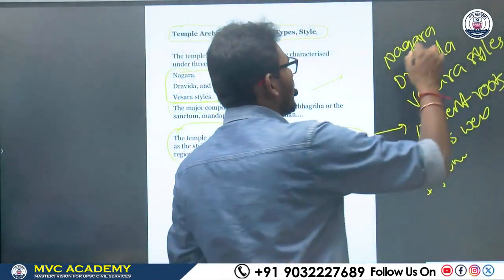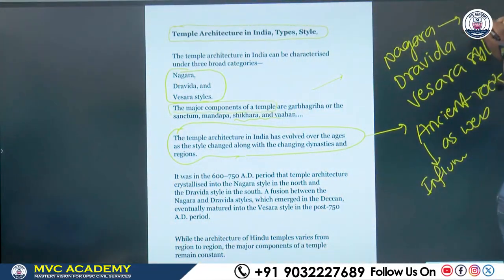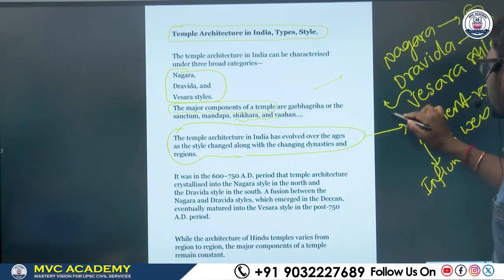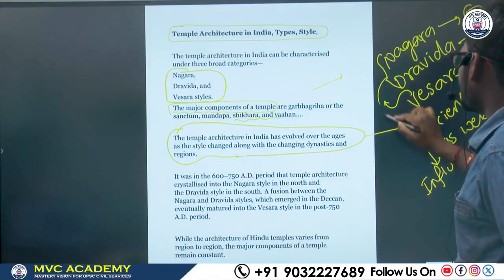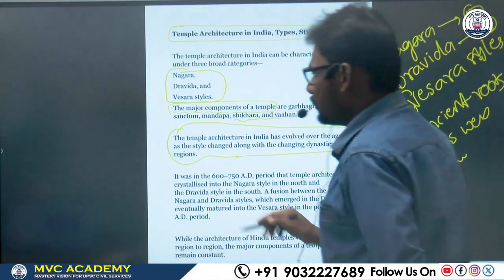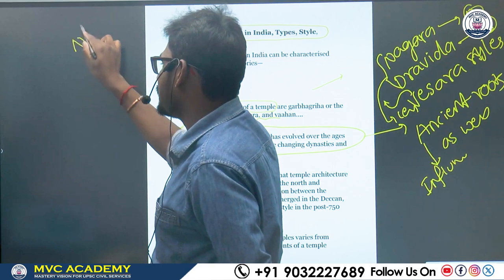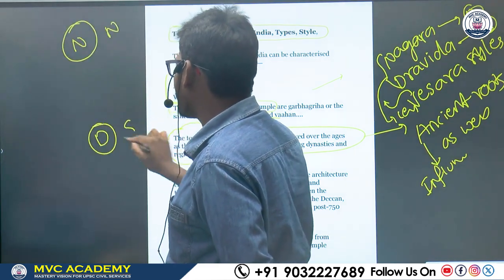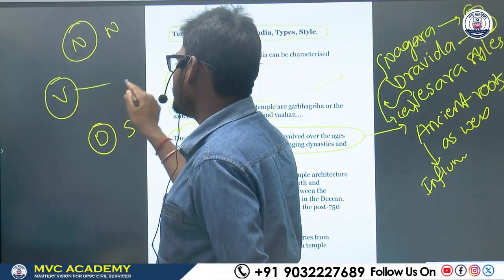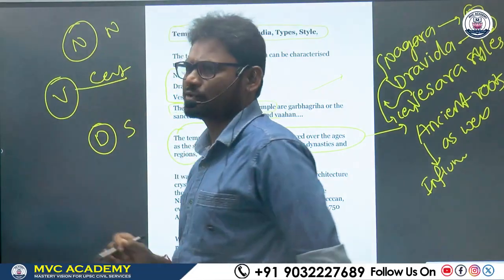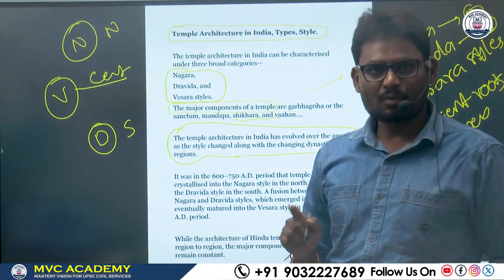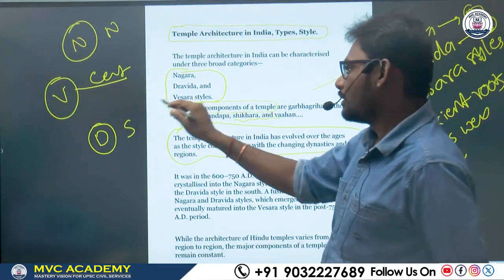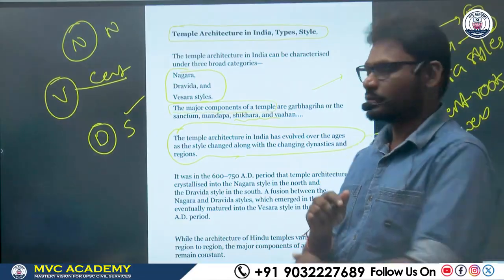So simply, Nagara style is associated with northern India, Dravida style with southern India, and Vesara style, the combination of Nagara and Dravida, can be seen in central India.